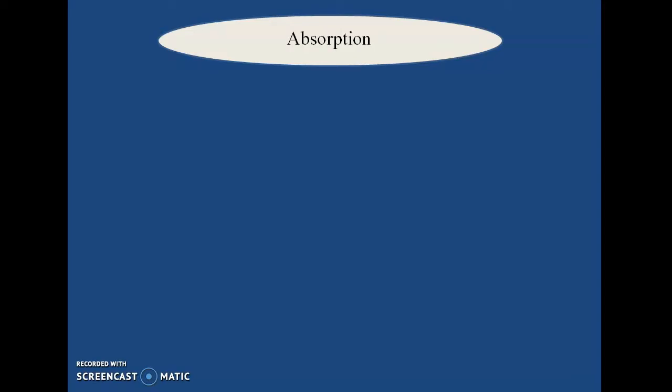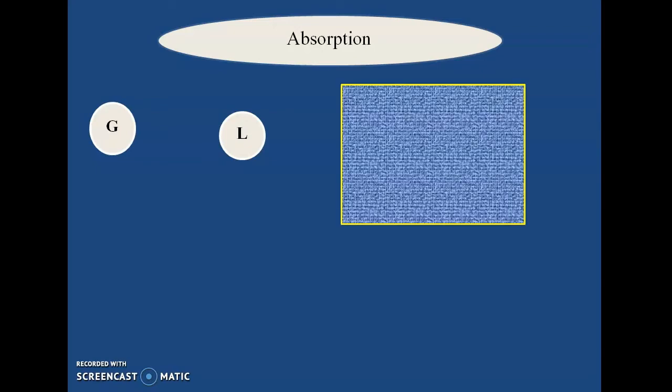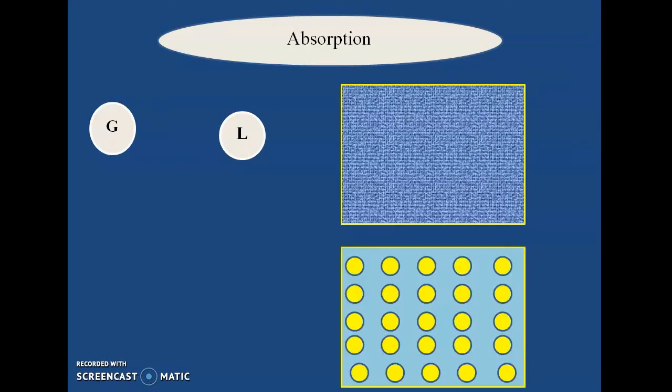First, let's consider absorption. As we have seen, absorption belongs to gas-liquid mass transfer operation. That means the mass transfer takes place between liquid and gas phases. But in which direction does the transfer take place? Let's define. Consider one liquid and a gas containing some components which need to be separated.